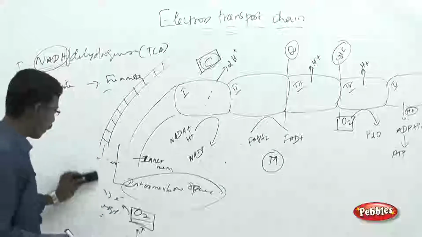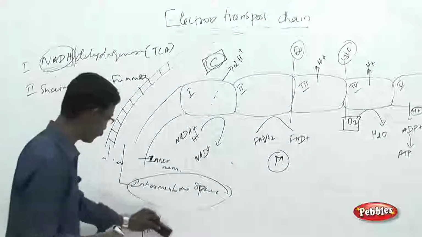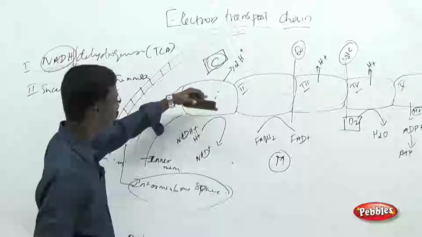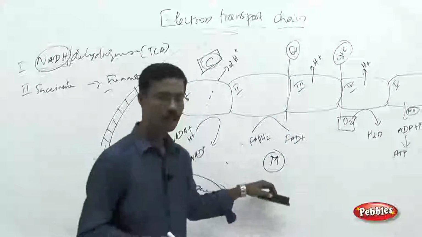As I told you, everything happens in three regions of the mitochondria: the intermembrane space, the inner membrane, and the matrix.